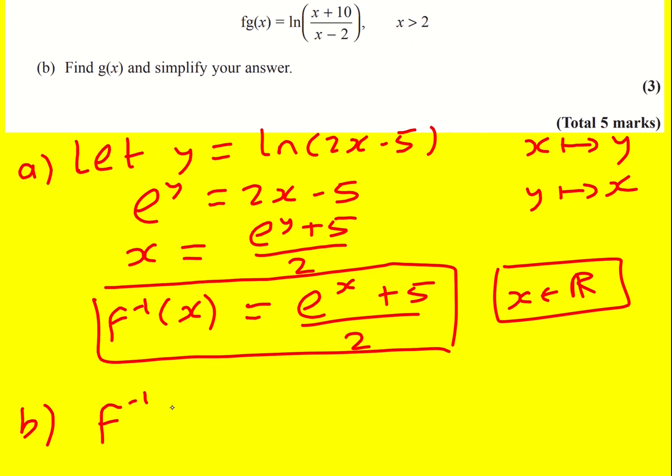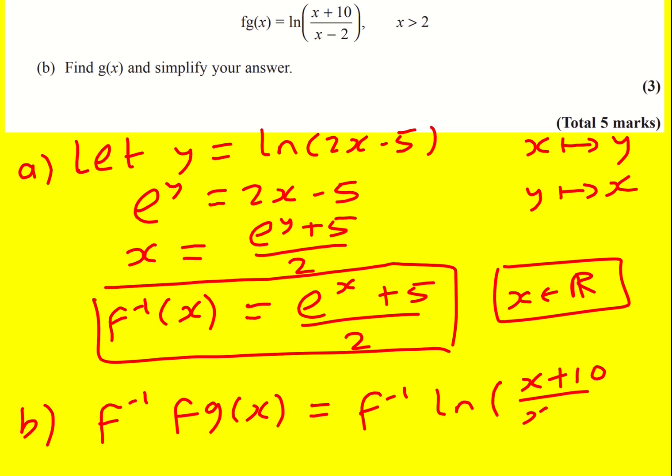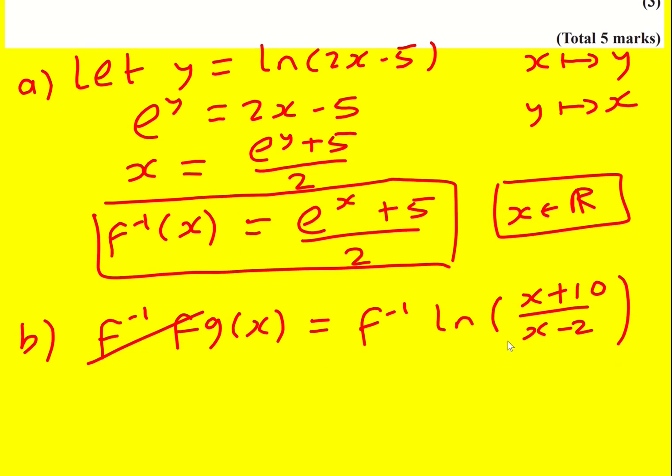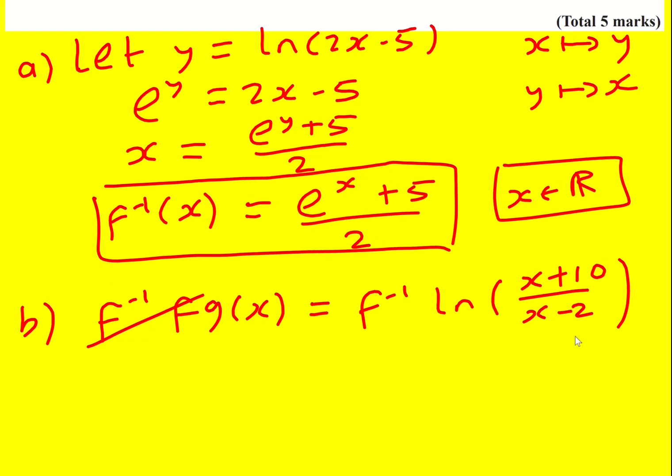So find the inverse of f of g of x, and that will equal the inverse of ln((x + 10)/(x − 2)). This might not look very nice, but the whole point is that I can cancel that out, and I'm just finding g of x, which is equal to the inverse of ln((x + 10)/(x − 2)).